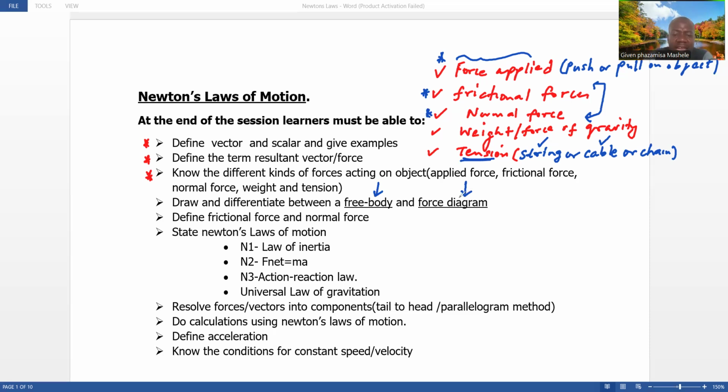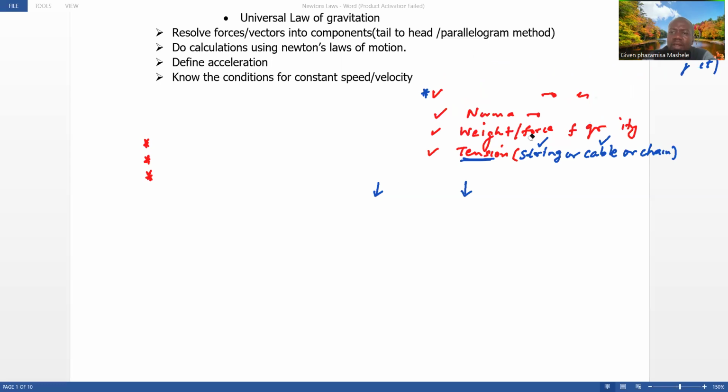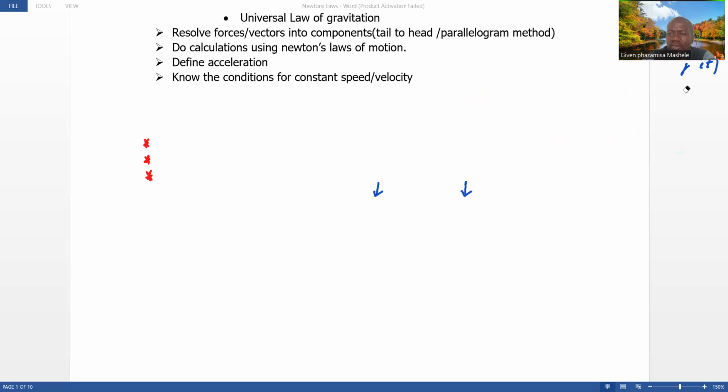Okay, let me do this. I want to explain this using an example. Consider a book on a table, and this table is not moving, or let's say it's stationary.